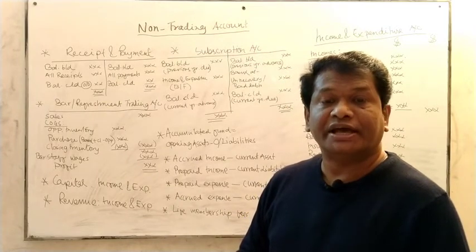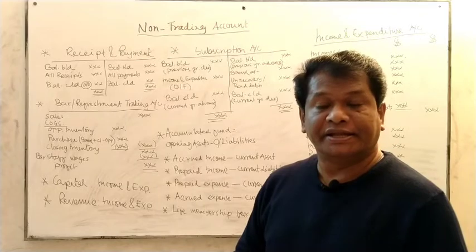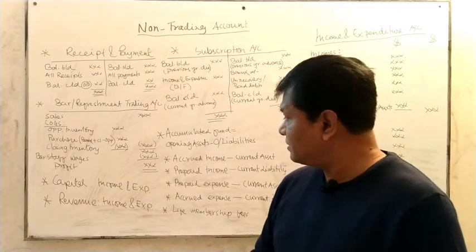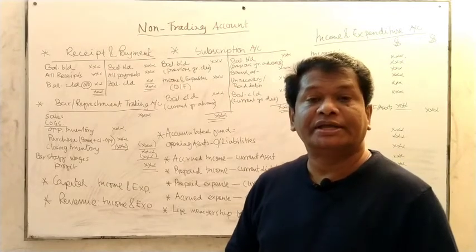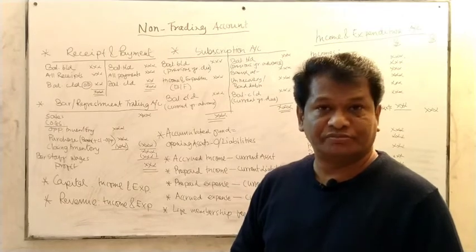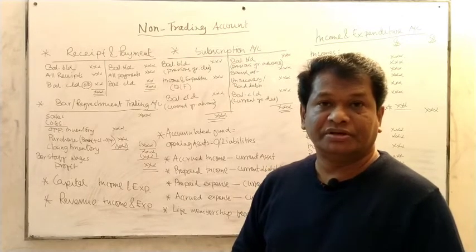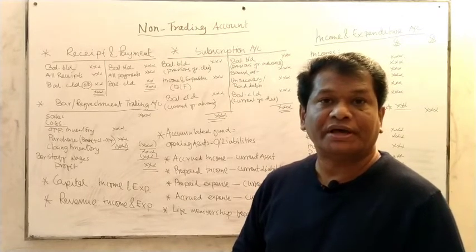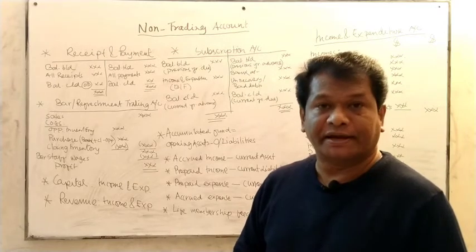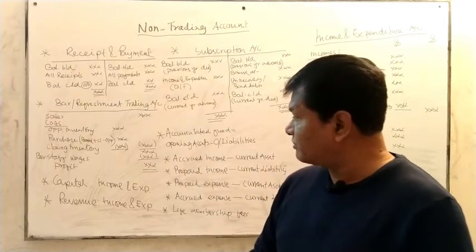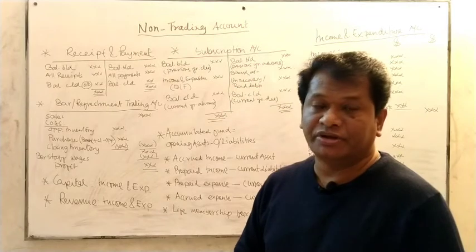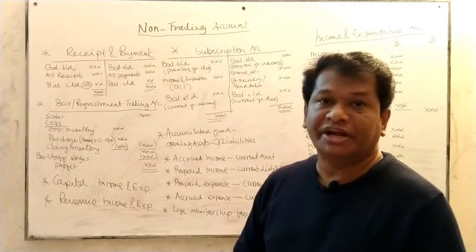That income is called capital income, for example life membership fees or legacies. So you have got some idea: capital income, revenue income, capital expenditure and revenue expenditure.